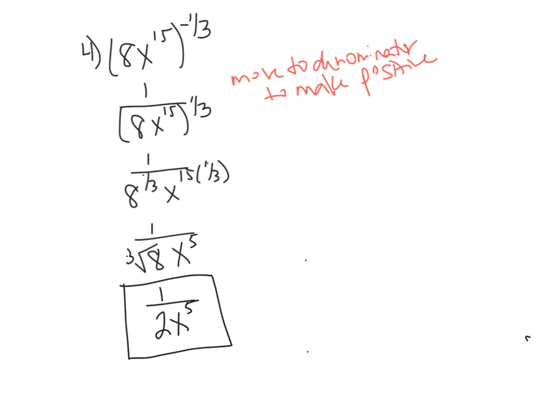Let's take it up another notch. And what if we have 9x to the 4th root, y, to the 3/2? So how are we going to simplify this one? I would start by distributing our exponent.